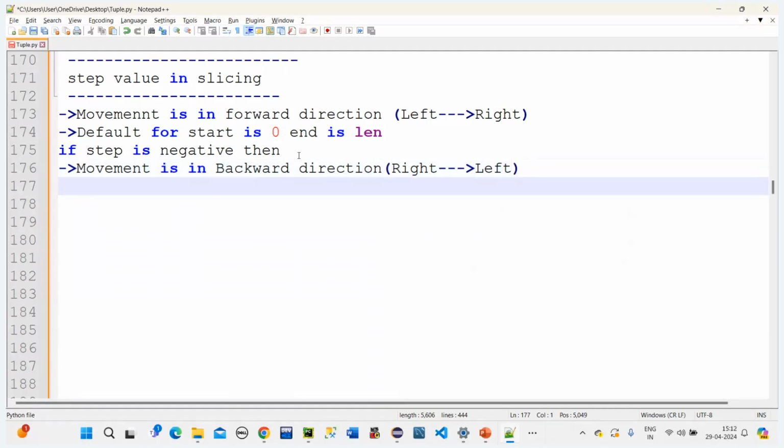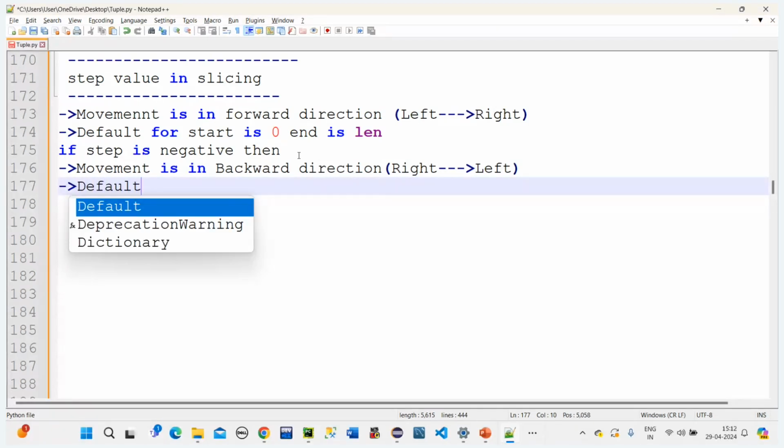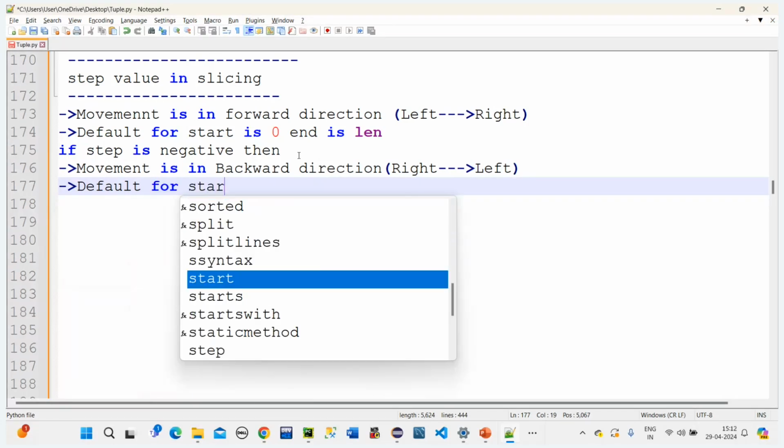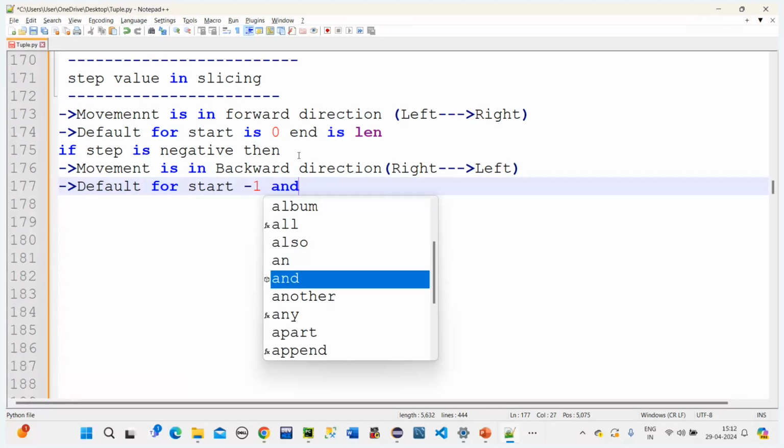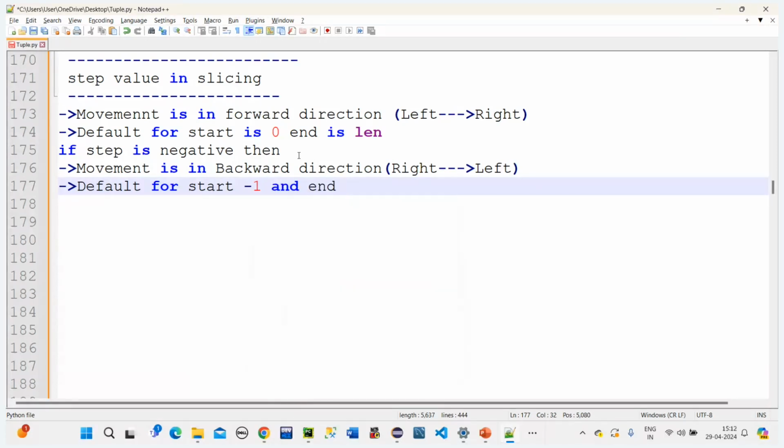Now in this case, what is the default? Default for start, from backward direction, is -1, right? And what is the default for the end?